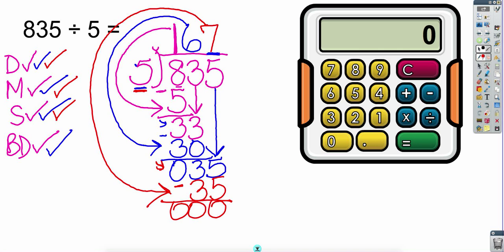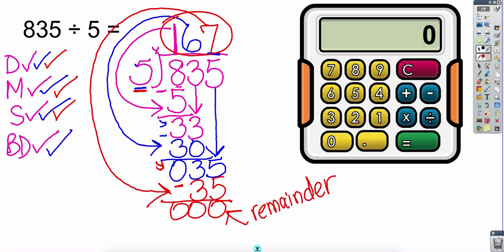Well, there are no more digits in my dividend to bring down. So my remainder is 0. However, if your remainder is 0, you don't need to write R0. So this would be my quotient.